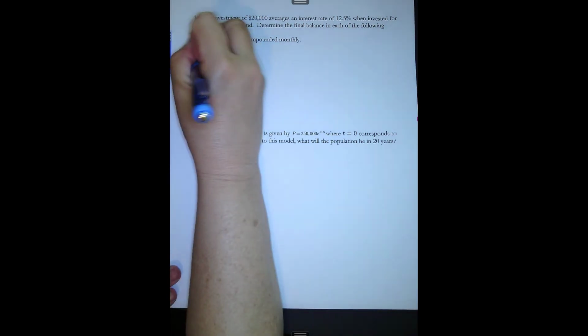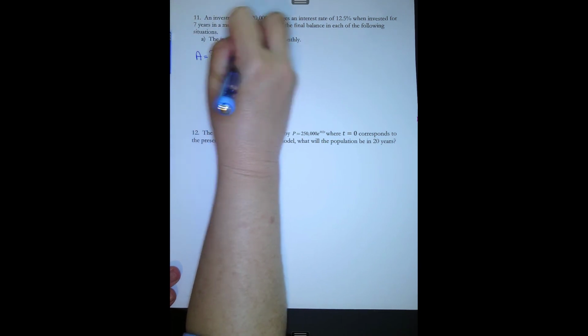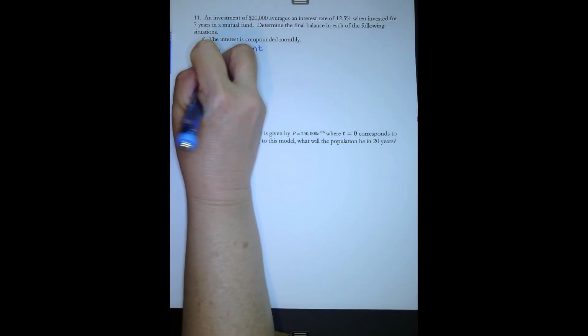So that compounded monthly, remember we're going to use A equals P times 1 plus r over n raised to the nt. And that's really important because n is the number of times it's compounded, and monthly, remember, is 12, as there are 12 months in a year. So we want to know what is our ending amount.